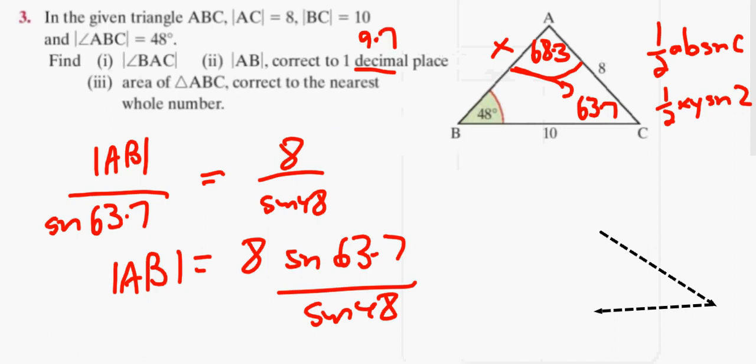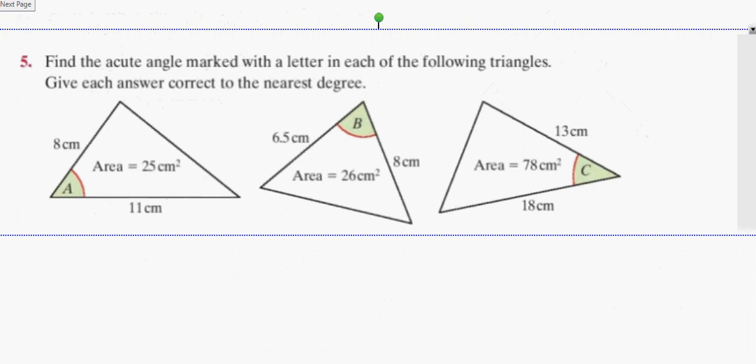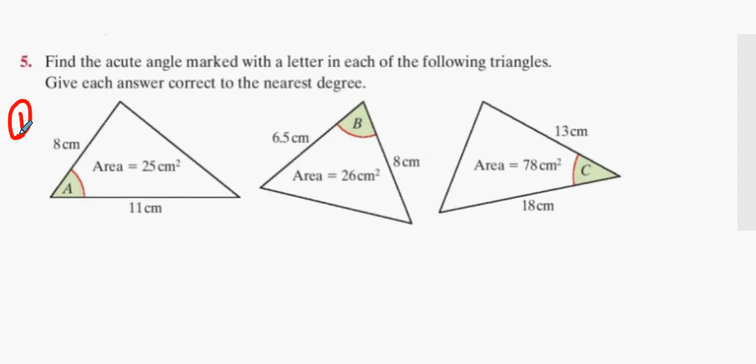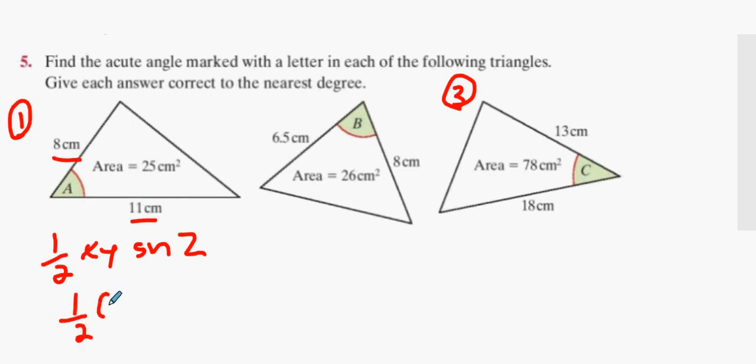Alright, let's keep going. 5. I'll do 2 of these: 5 part 1 and 5 part 3. I have a half XY sine Z. X is 8, Y is 11, so I have 8 times 11.